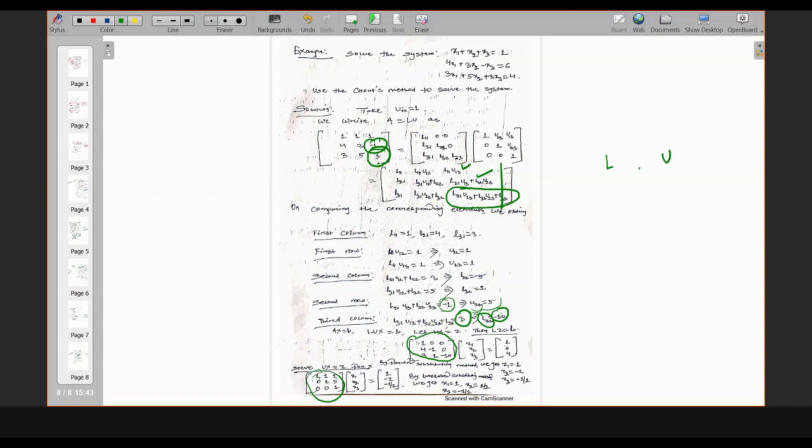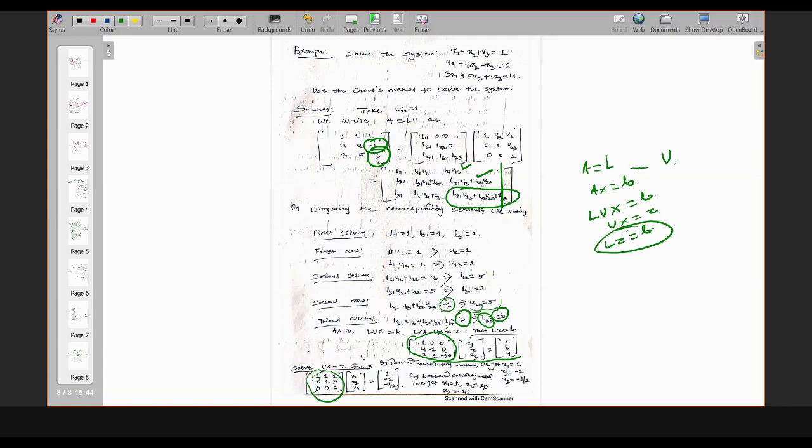Okay. So what are the steps that you need to use to find the solutions? Since A is written as L into U, your original system AX equals B is reduced to the system LUX equals B. Then UX we consider as Z, then LZ equals B. So first you solve LZ equals B, that I had solved here.